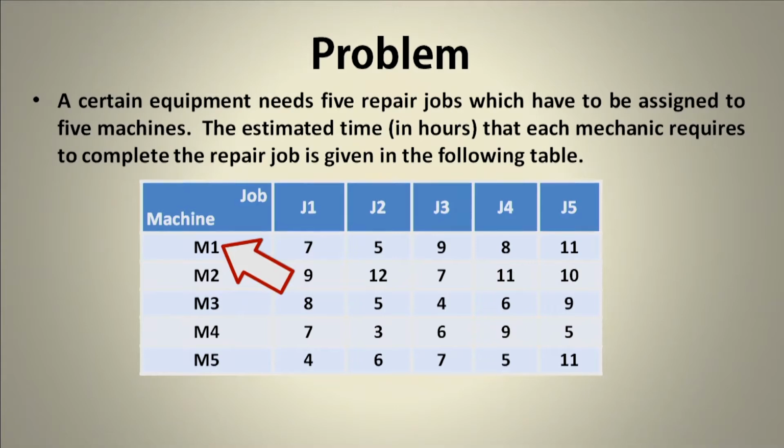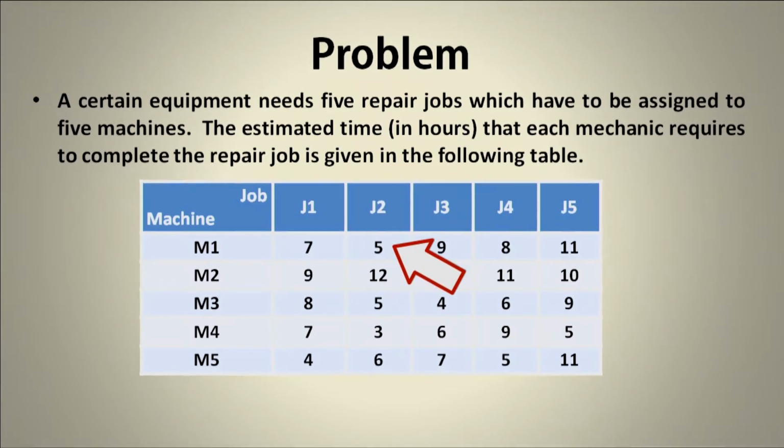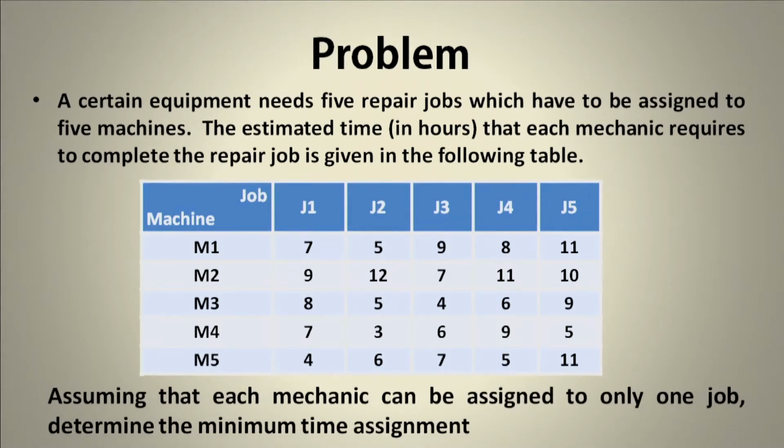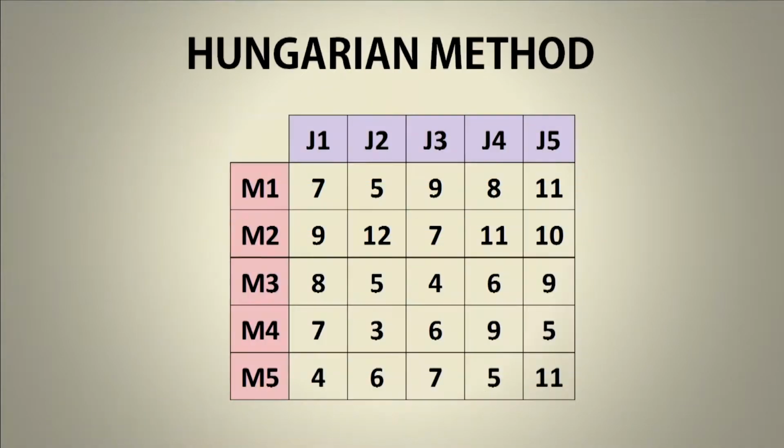To process the job J2, it requires 5 hours in the machine M1, and so on. Now, assuming that each mechanic can be assigned to only one job, we have to find the minimum time of assignment. Here, we shall write the same table in a simpler manner like this and solve it by Hungarian method.